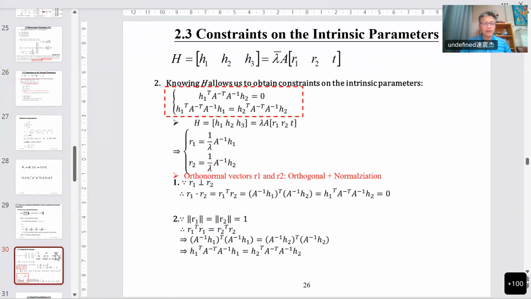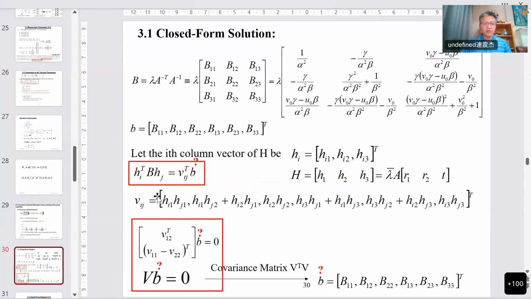So that's why they do this here. This means H B H. Remember, B is AA here. So both equations become H B H.